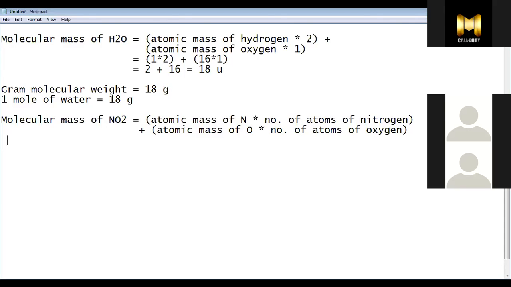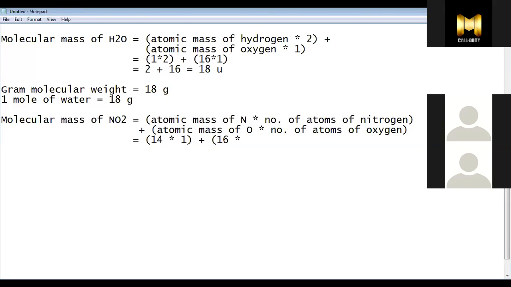So what is the atomic mass of nitrogen? Does anyone recall? At least somebody should recall. 14. Yes, it is 14. Multiplied by how many atoms are there? 1. Plus atomic mass of oxygen. How much is it? 16. Yes, great.